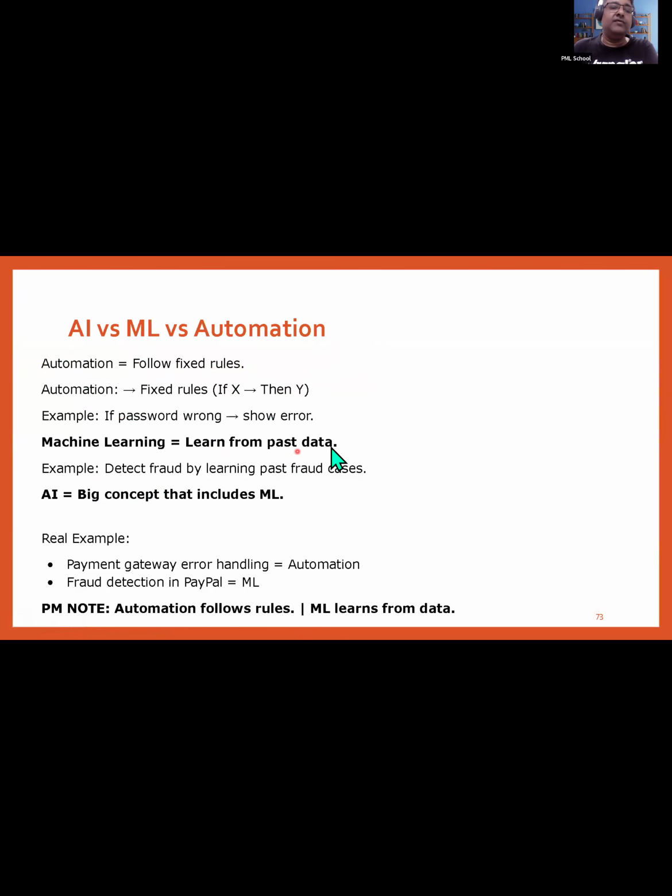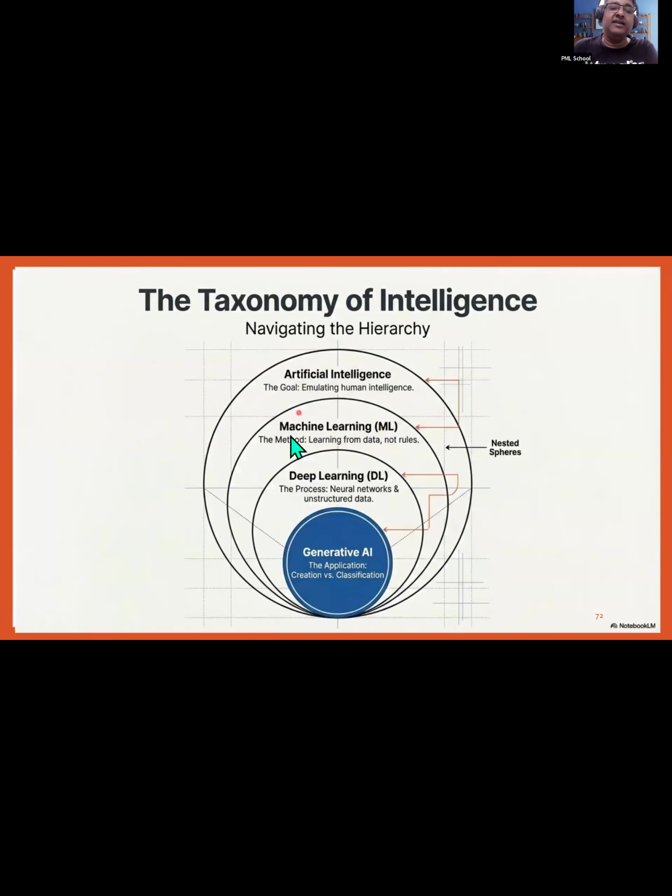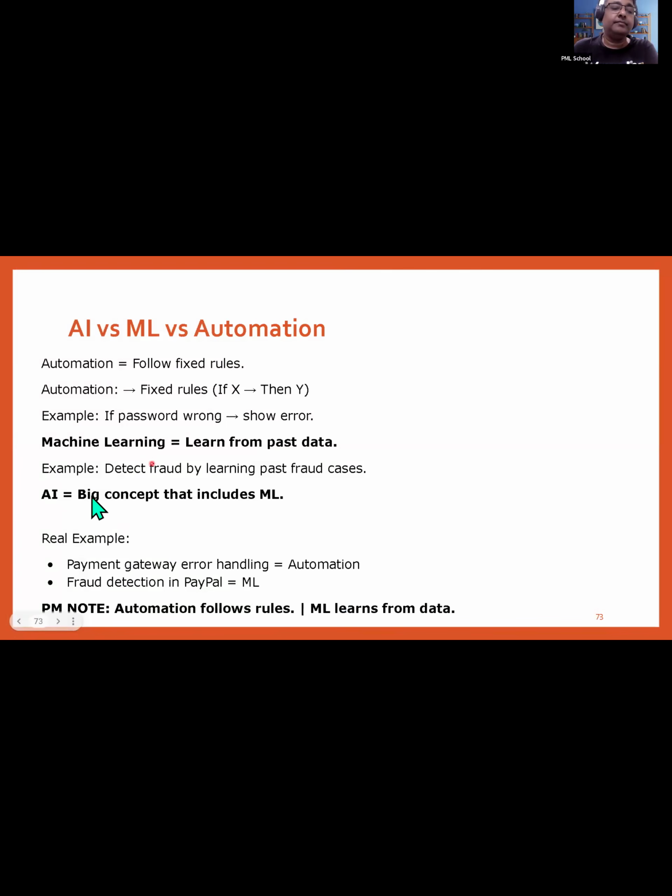Machine learning equals learning from past data. You know how machines learn? They learn from data which has already happened, right? Like detecting fraud by learning past fraud cases. And AI is a big component that includes ML, right? Machine learning is part of AI. And real examples: payment gateway error handling is automation.